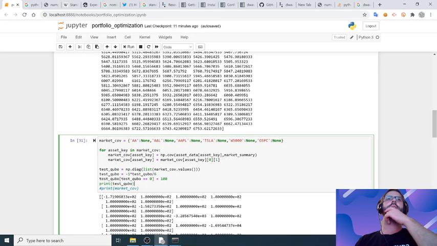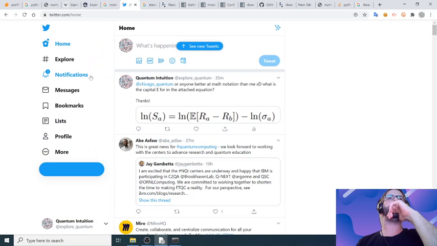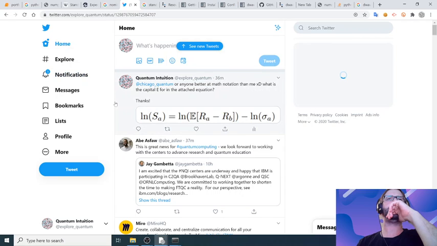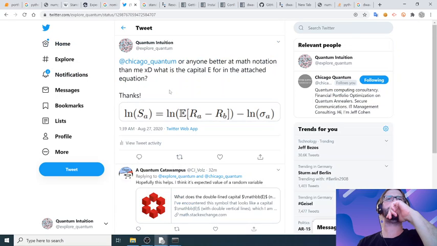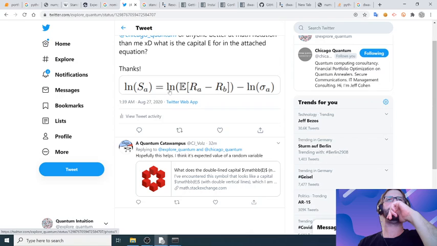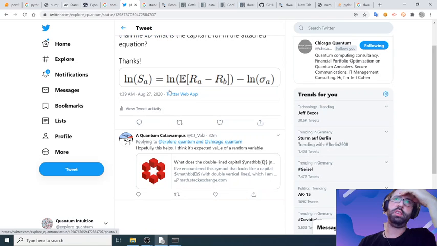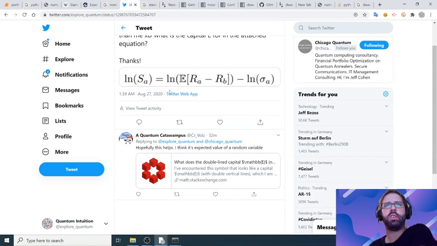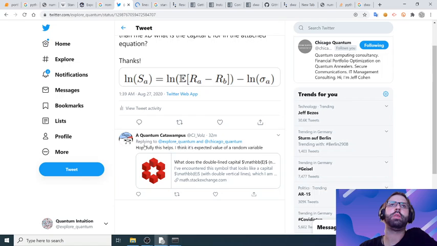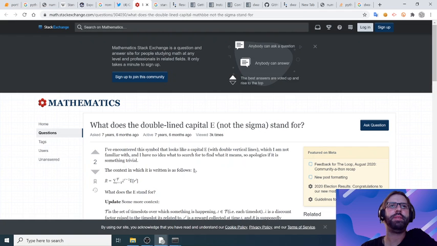I think I got a reply on the tweet. Hey CJ, cool. This helps. I think it's the expected value of a random variable. So basically the average, right?